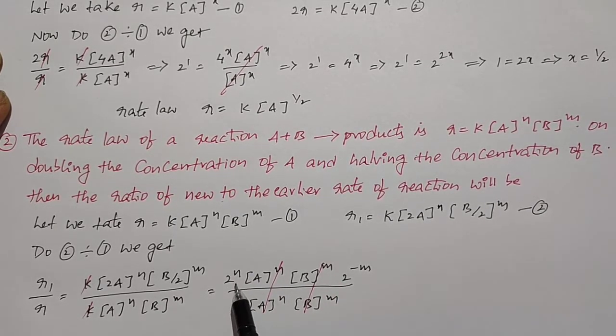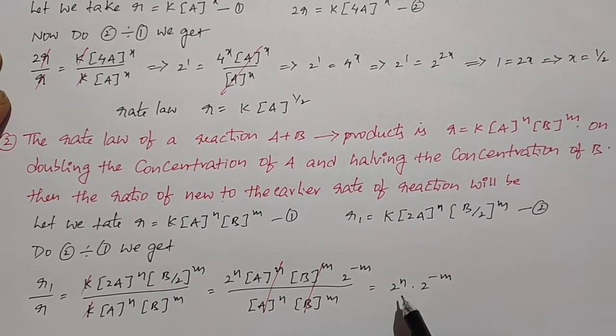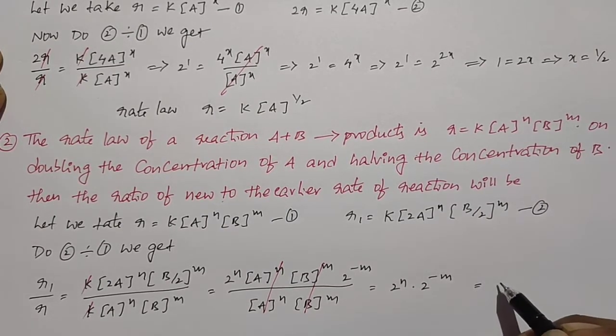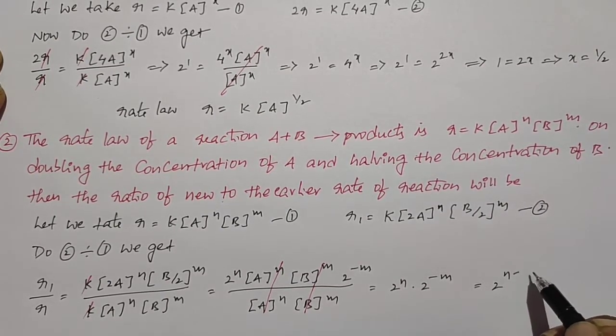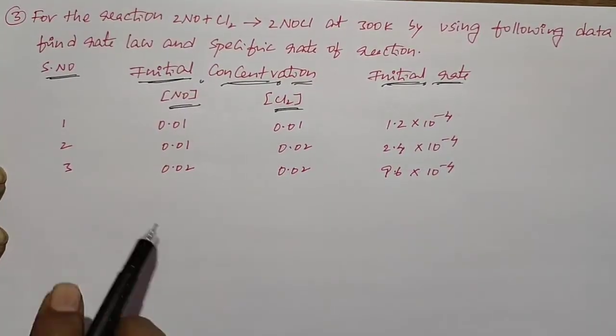We have 2 power N into 2 power minus M, so we get 2 power N minus M. So the ratio of the new to the old rate of reaction is equal to 2 power N minus M. That's all.